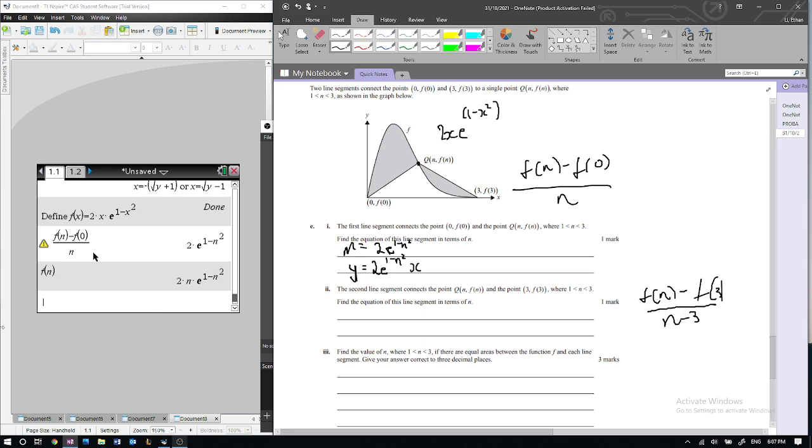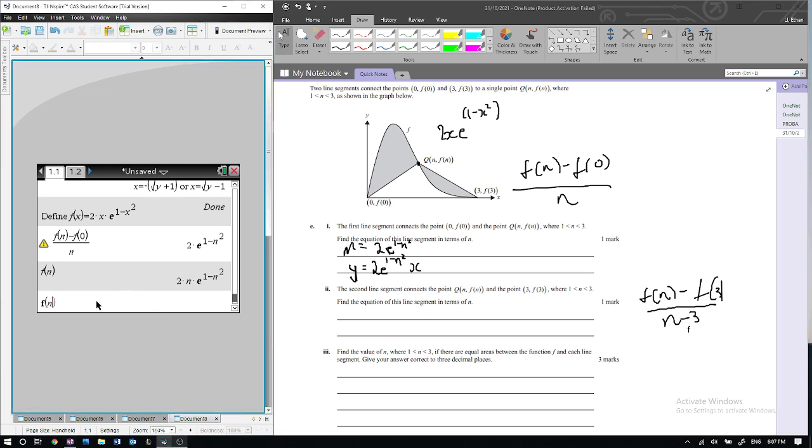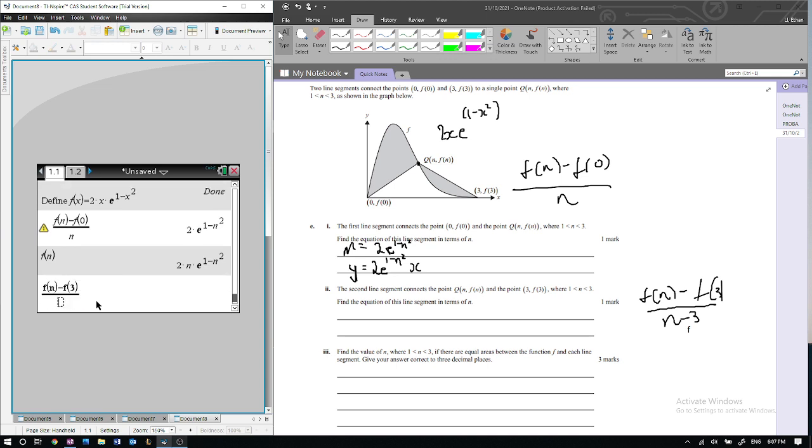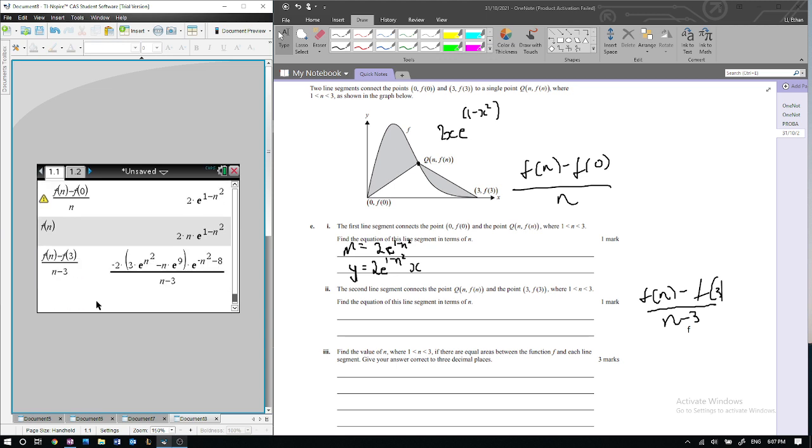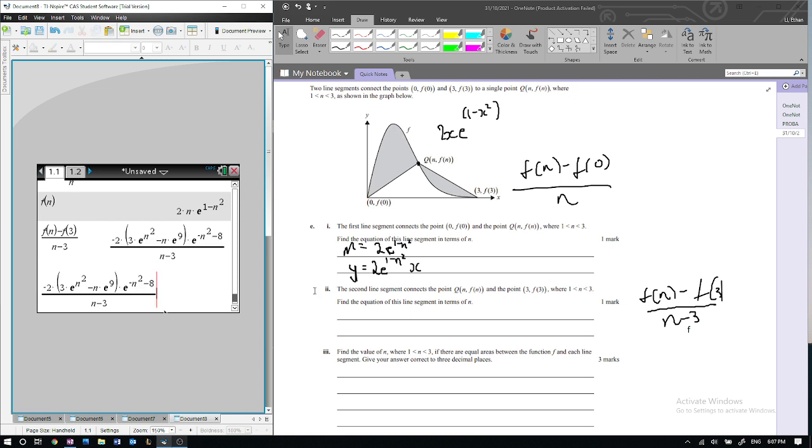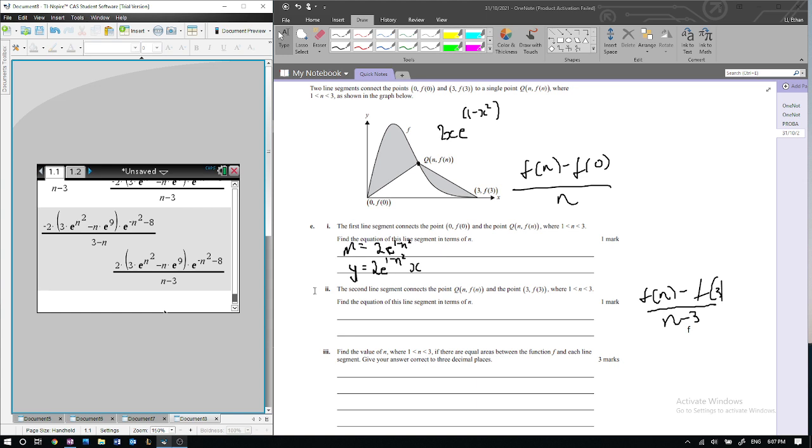So that's the gradient. Do that on the calculator. It's looking very complicated, but don't worry, that is the right answer. Oh wait, sorry, it should be f(3) minus f(n) over 3 minus n, not n minus 3. So that's your gradient, and then you'd get your equation again.